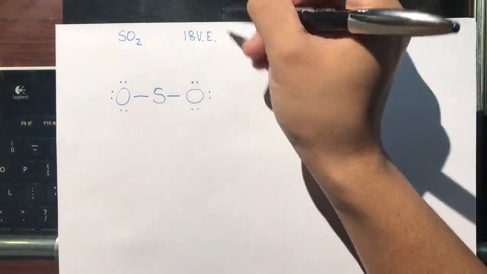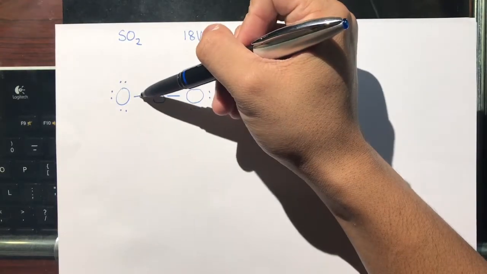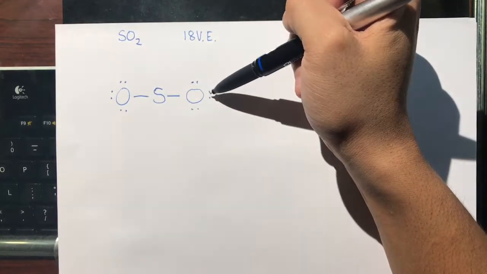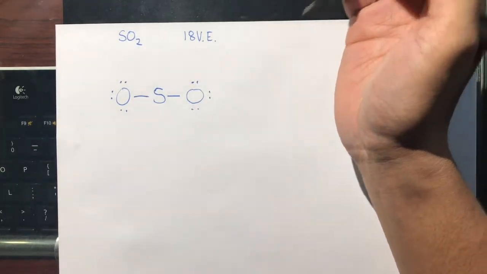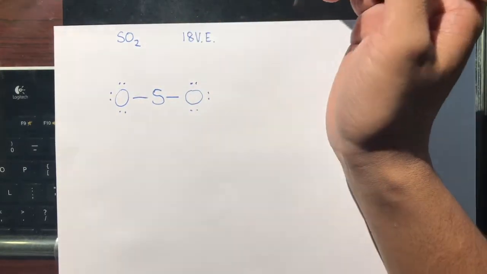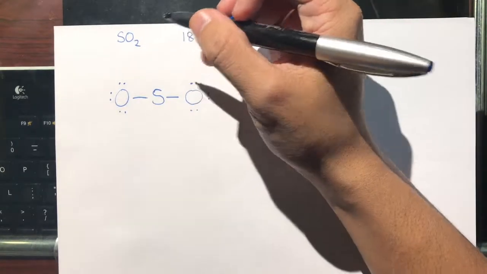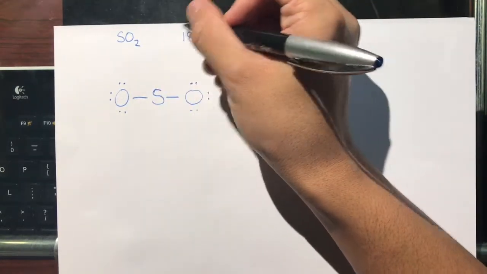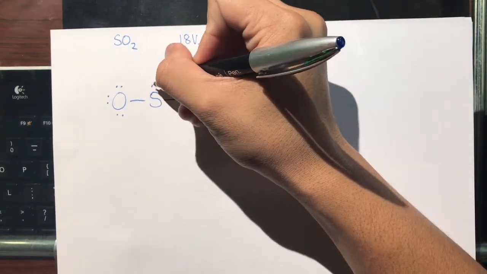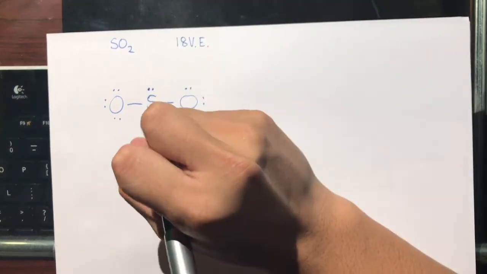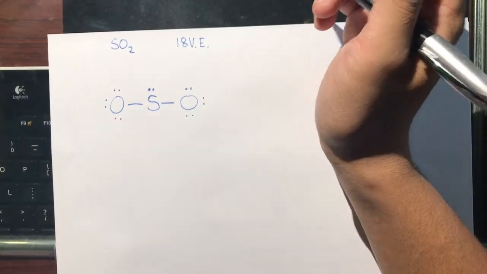What does that put me at in terms of valence electrons? I'm at 6, 7, 8, 9, 10, 11, 12, 13, 14, 15, 16. So now I worry about the central atom. I need to make sure the octet for the central atom is filled. And so I have 2 more electrons that I can put in to reach my 18. However, I have not filled the octet for that central atom.